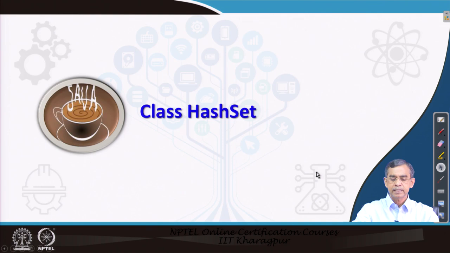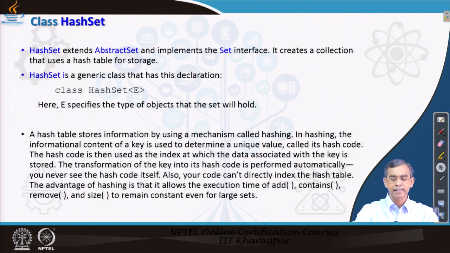Now, we discuss another very interesting collection, called the HashSet. The concept of hash is a very important one, and it is useful in many applications, particularly the hashing application. Hashing is the concept which has been introduced to retrieve an element from a collection in the fastest way, so, for faster retrieval of an element.